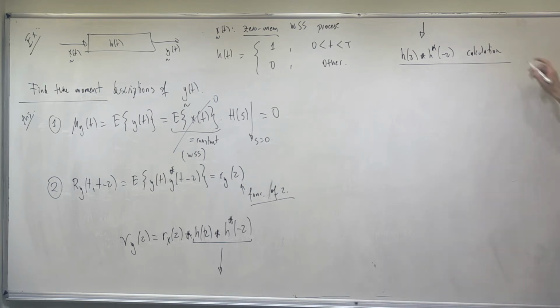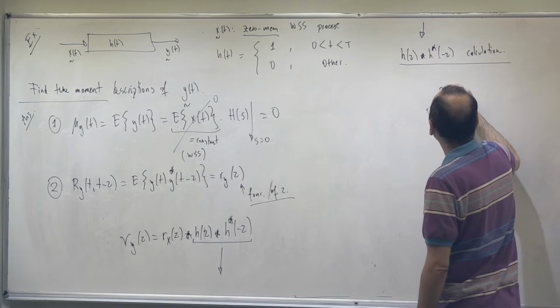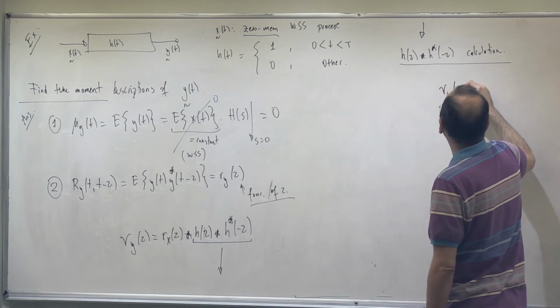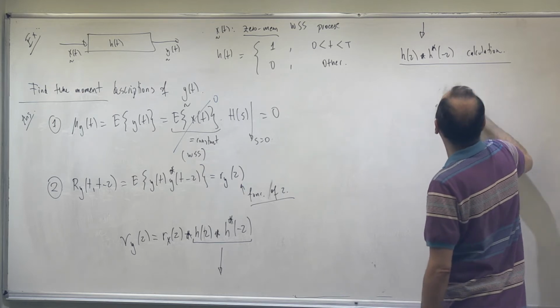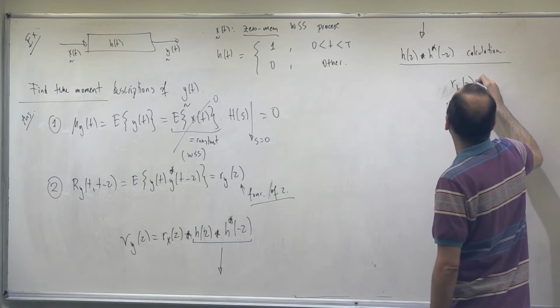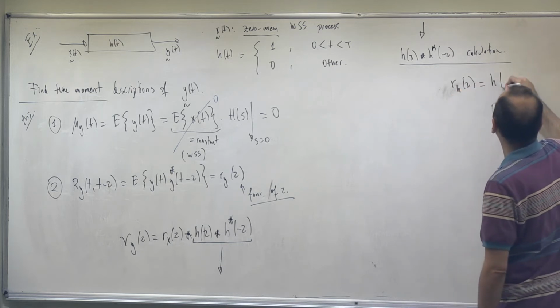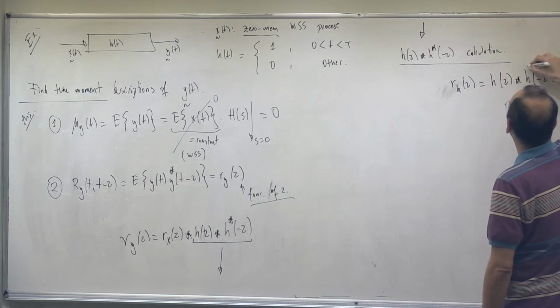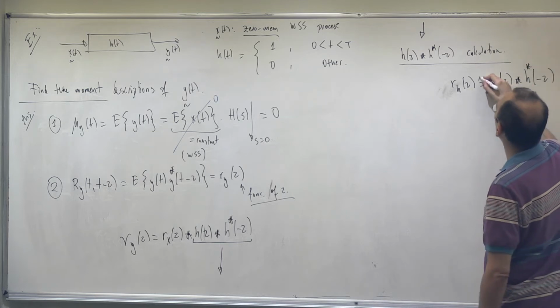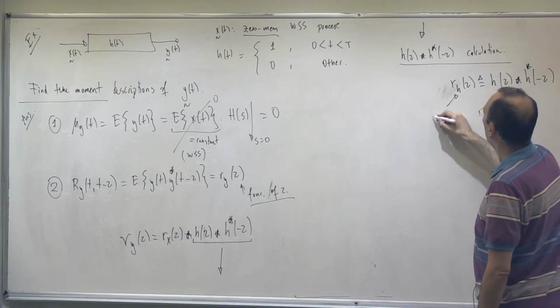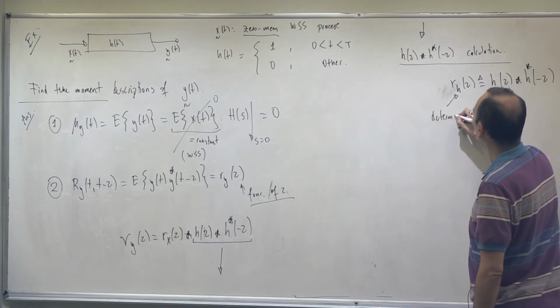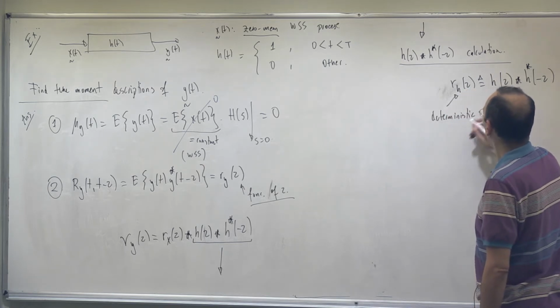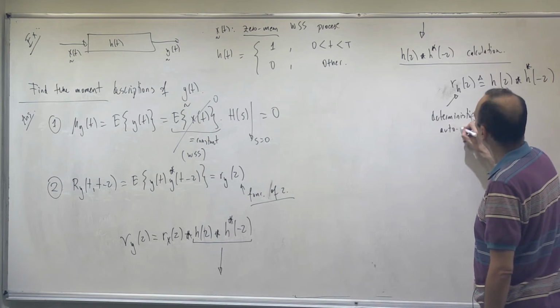So how should I do this? I would like to define, again, Rh of tau, something like this. Let's keep the conjugation for generality. So this is more like a definition. And this is called the deterministic autocorrelation, you will remember from earlier courses perhaps.